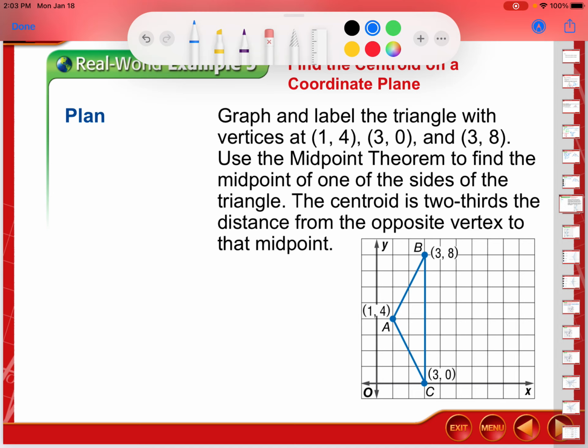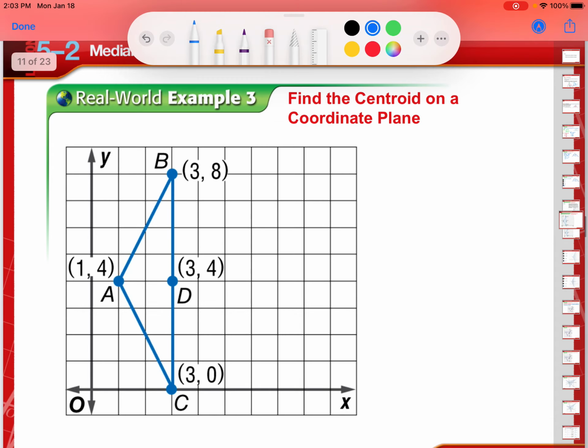It's already graphed for us. Then we have to find the midpoint of each of these individual segments, which is lovely, because we all love the midpoint formula. And then from there, we will, of course, draw in our medians, and we will find our centroid that way. So let's see here. Oh, they already gave us one of our midpoints.